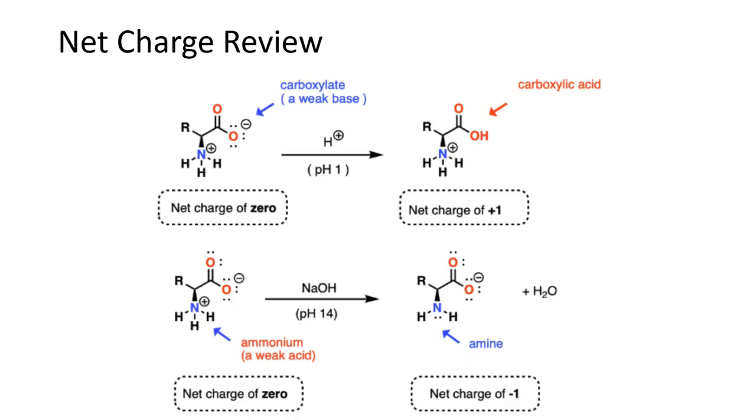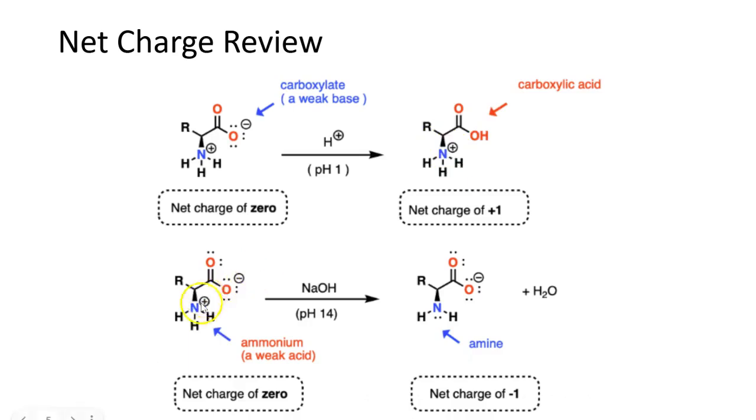And so, as a review of this net charge, remember net charge of zero is the zwitterion form. You have both a negative plus a positive, so 1 minus 1, which is equal to 0. If you start to protonate things, this becomes the most protonated form, and so there is no charge on the carboxylic acid group, but there is a charge for the amino group, and so the overall net charge is then just plus 1.